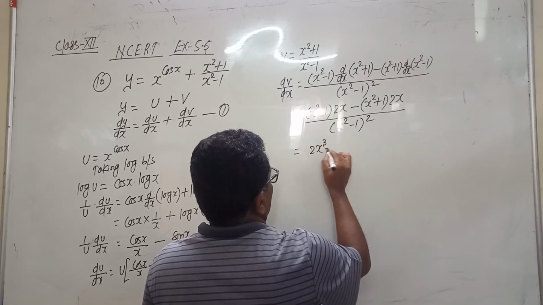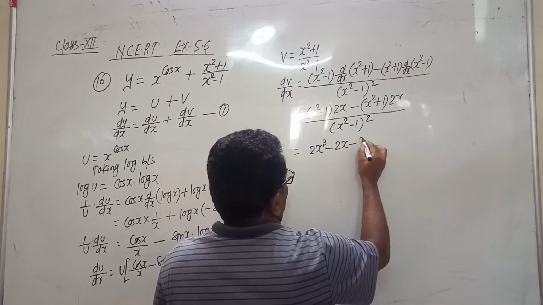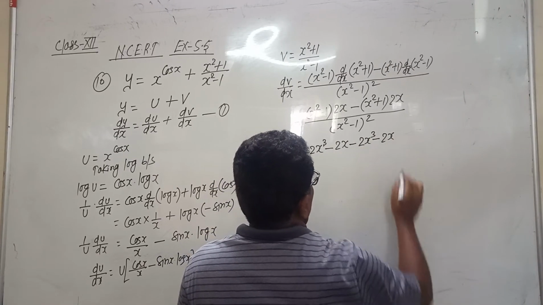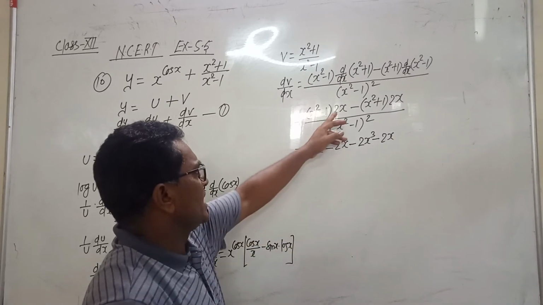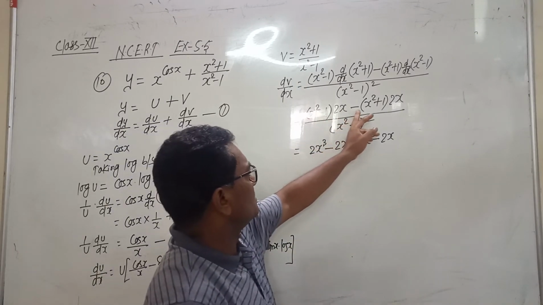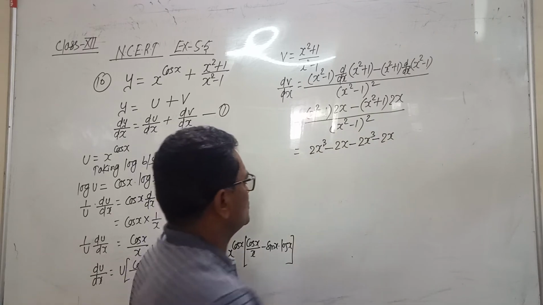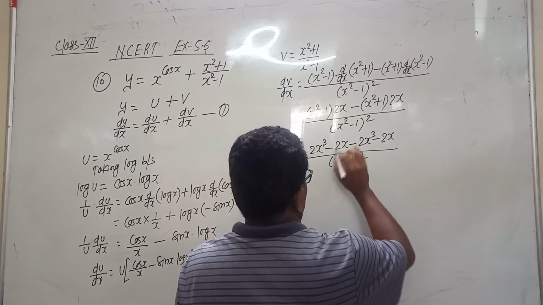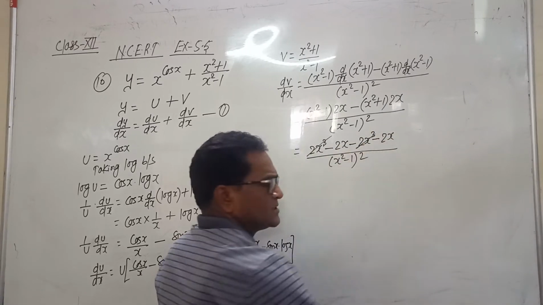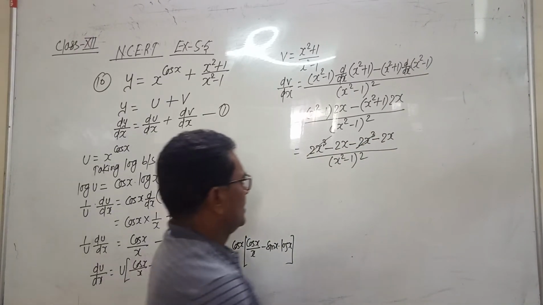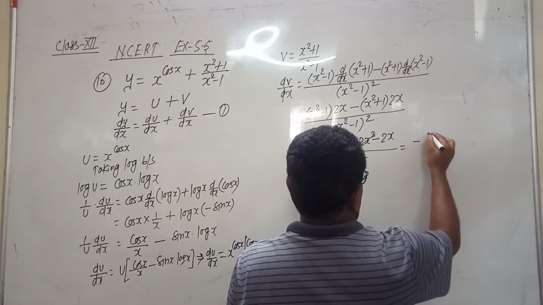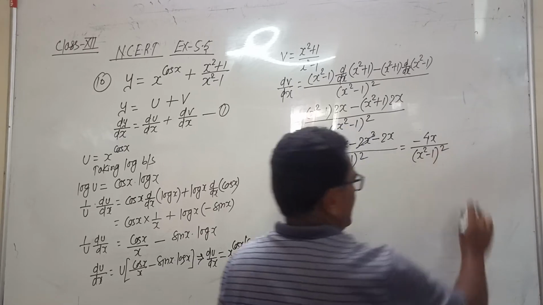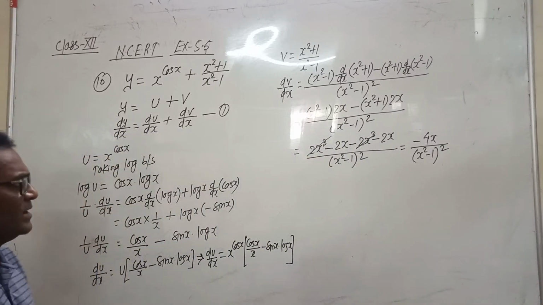So 2x cube minus 2x minus 2x cube and minus 2x upon x square minus 1 the whole square. 2x cube and 2x cube get cancelled, and minus 2x, it becomes minus 4x upon x square minus 1 the whole square.